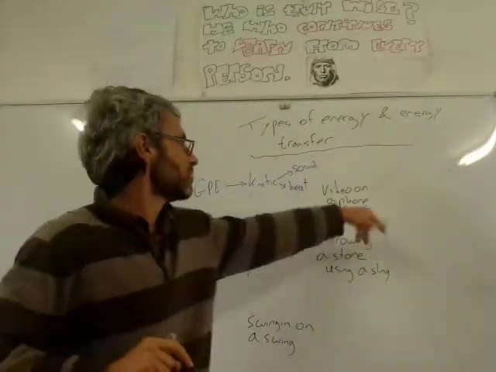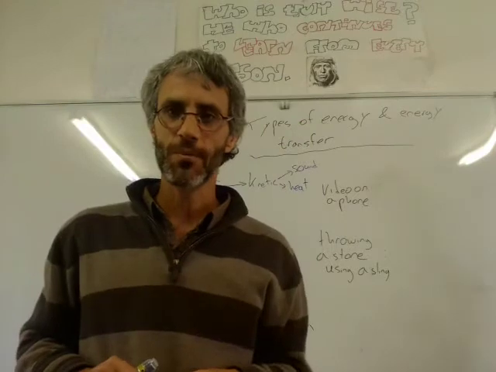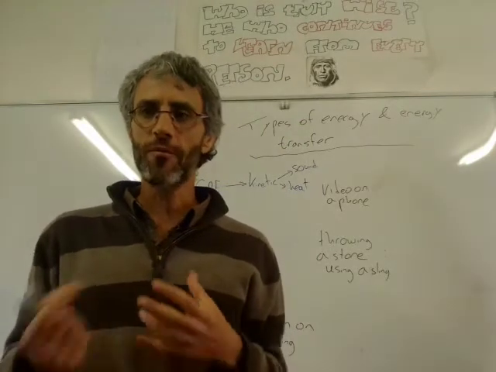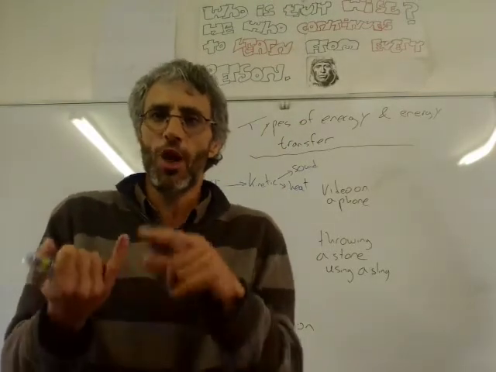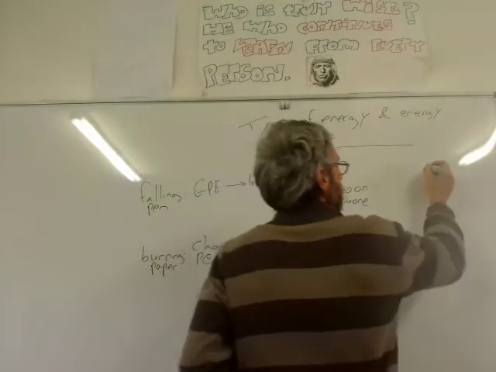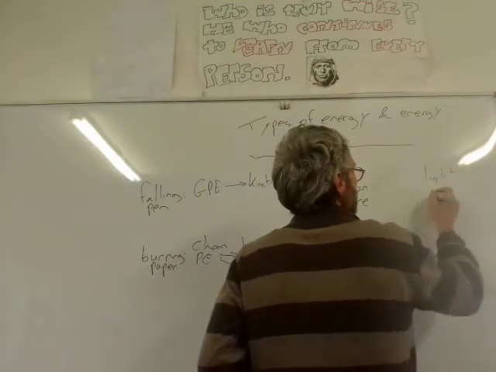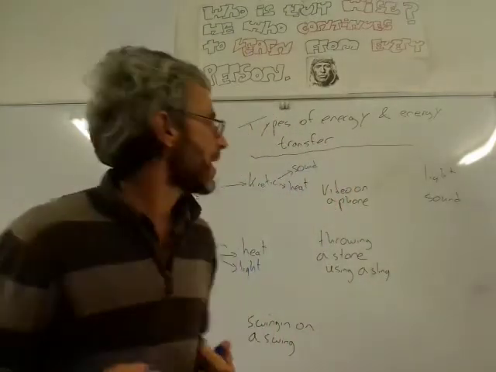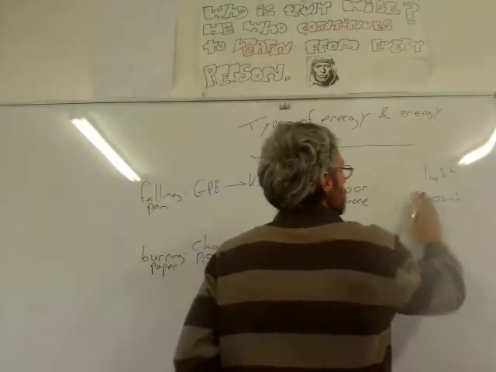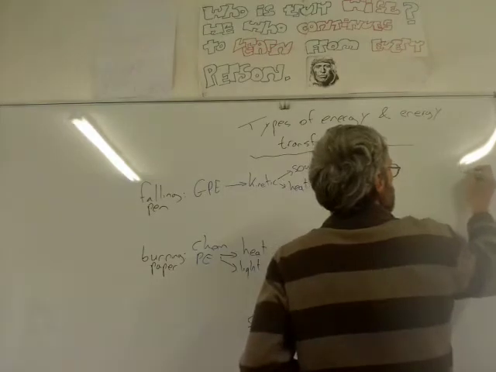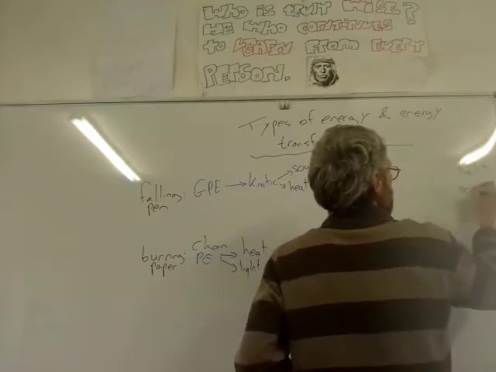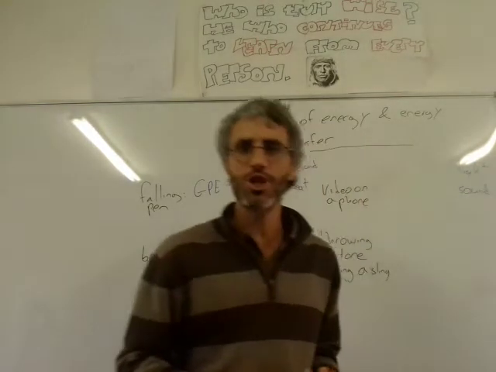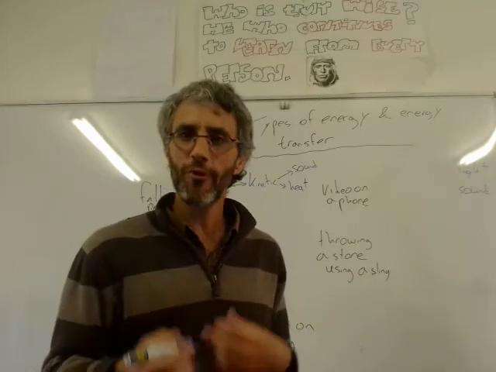Let's move on to watching a video on the phone. You know the video on the phone, you've got light, you're going to have sound. But where was it before? So we had light and sound. You have to ask yourself, where did that energy come from? Well, that energy comes from electric energy.